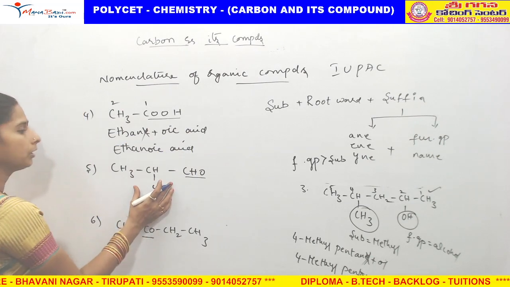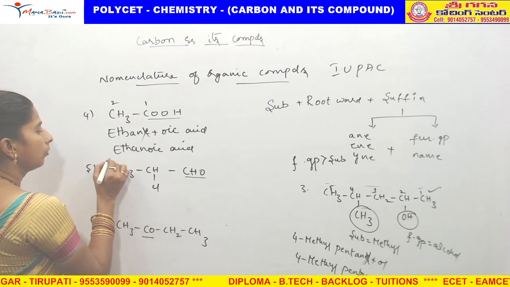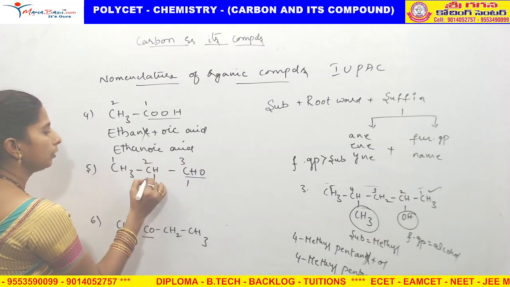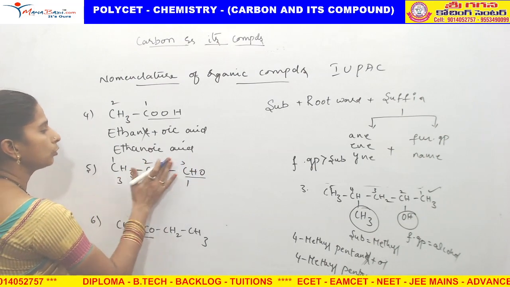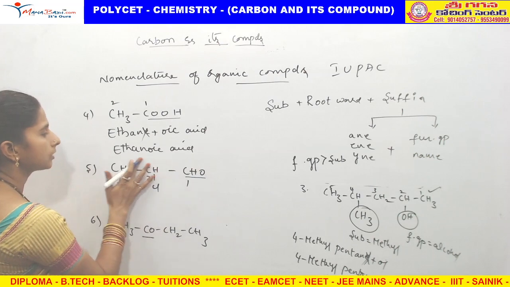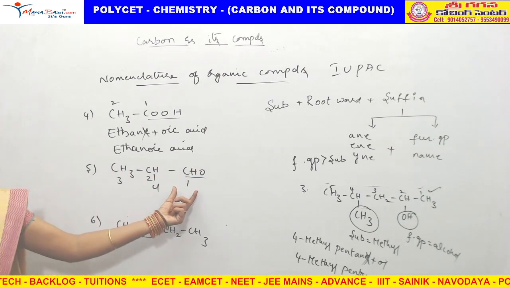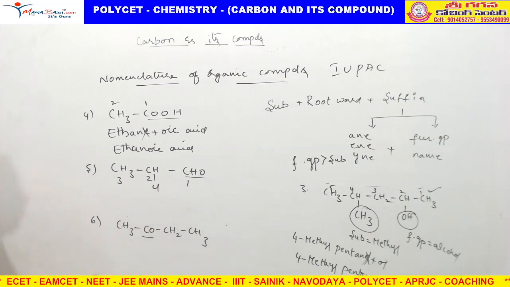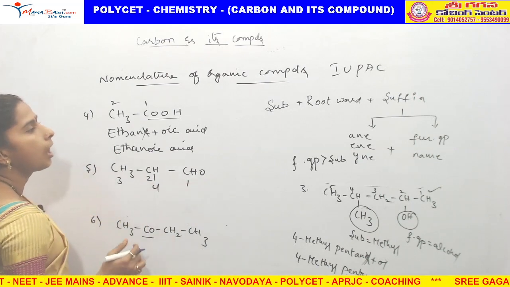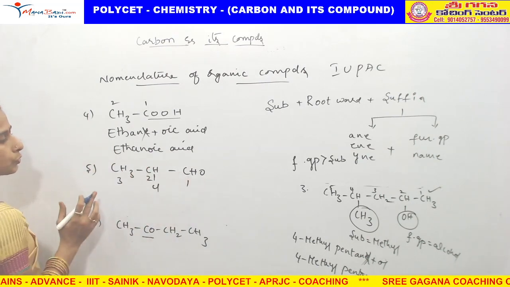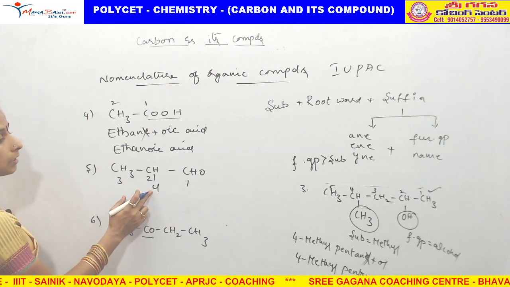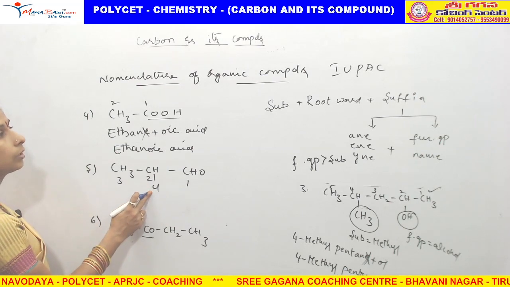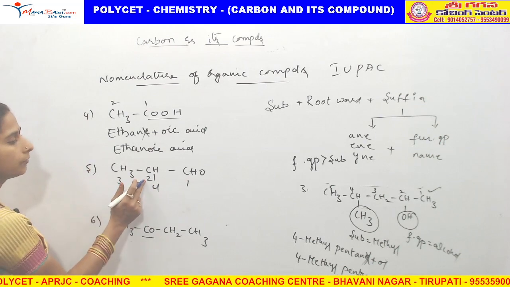And come to here, numbering 1, 2, 3 or 1, 2, 3. Which is correct? Functional group should get less numbering. So this is the correct way. What is the reason? Functional group should get less numbering. What is this functional group? Aldehyde functional group. So here substituent is there. What is this substituent? Chlorine. Chlorine we call as chloro. At which position?